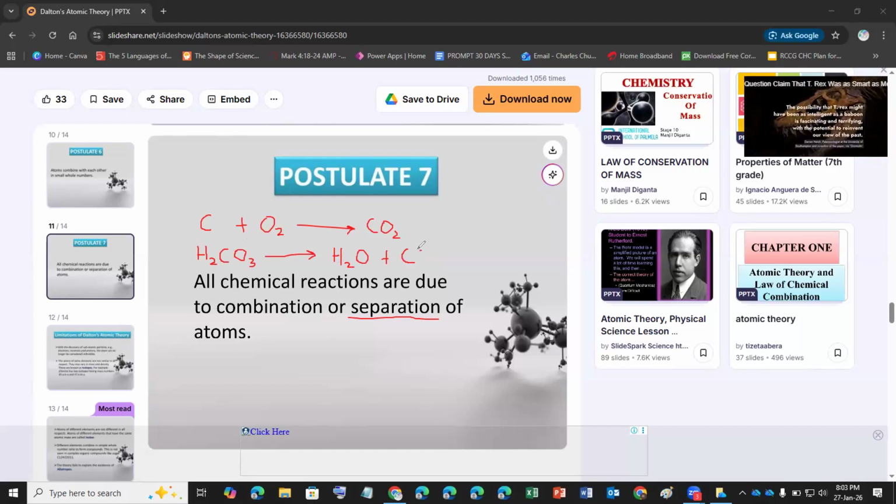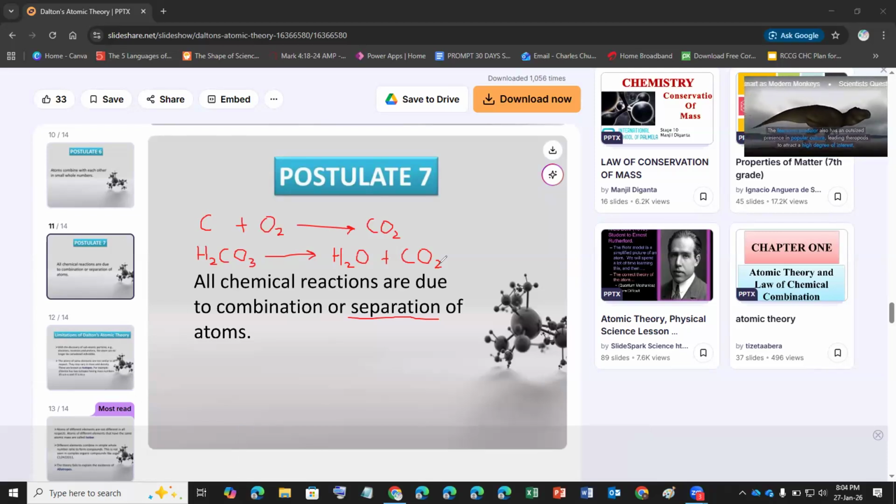So this is a possibility, and this could happen maybe during rainfall. If this happens, then you can confidently say this chemical reaction is a case of separation of atoms.